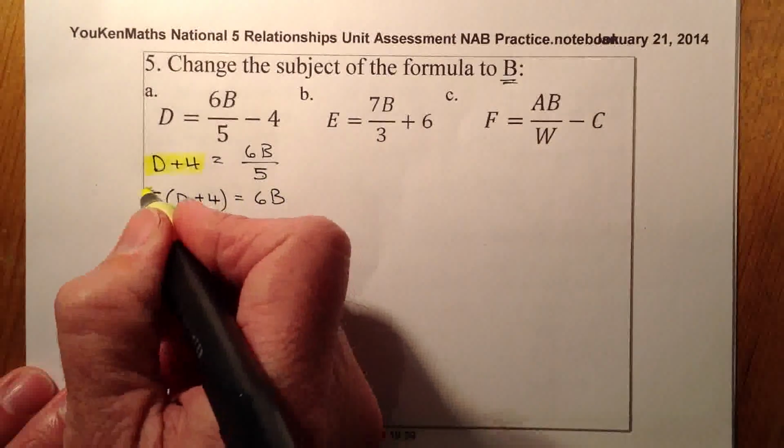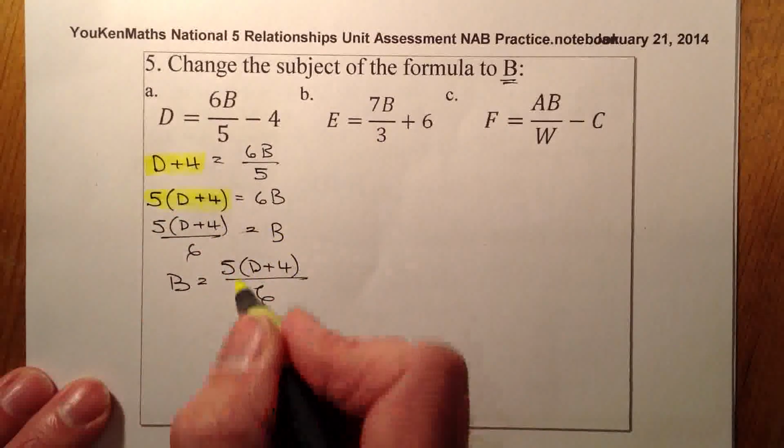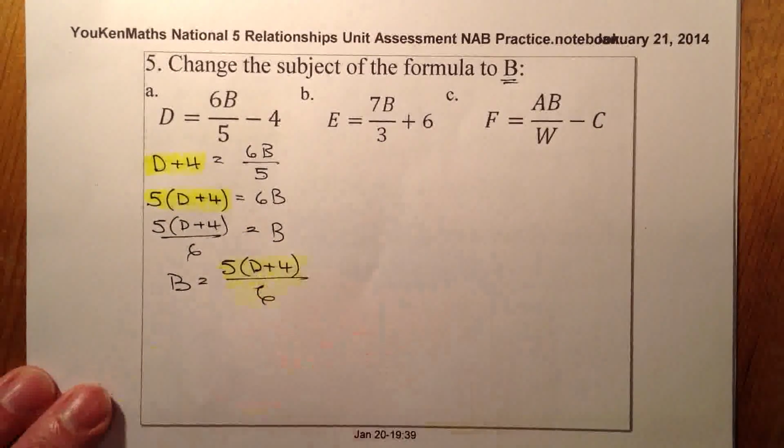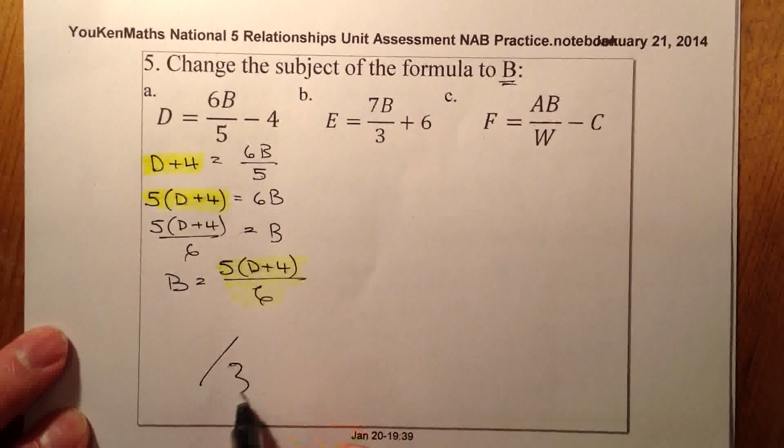The next part will be multiplying the d plus 4 by 5, and then finally getting the answer for b when I've got b on its own. And b equals 5 bracket d plus 4 all divided by 6. Okay, try the other questions and see how you get on. That was worth 3 marks.